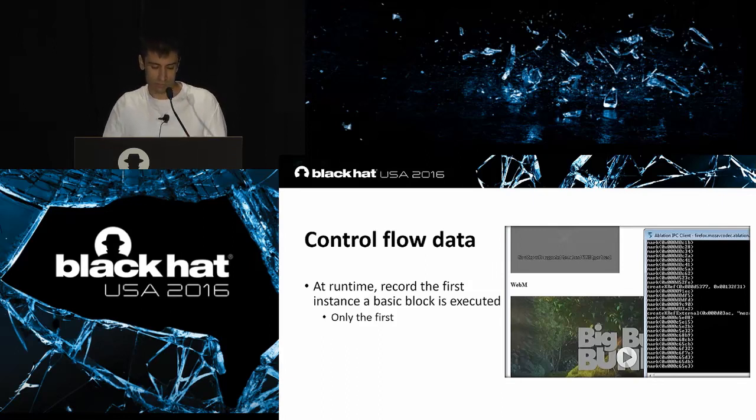But by doing only the first basic block, we can do things like create a set of basic blocks that are tied to a sample. So sample A maps to a set of basic blocks within the module. And we're essentially looking at a subset of the total basic blocks in the module. But you can use this to compare samples and see if they actually do something new.